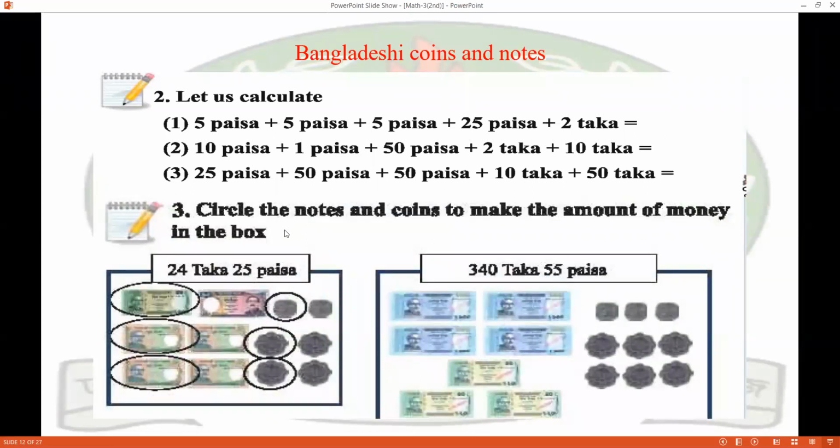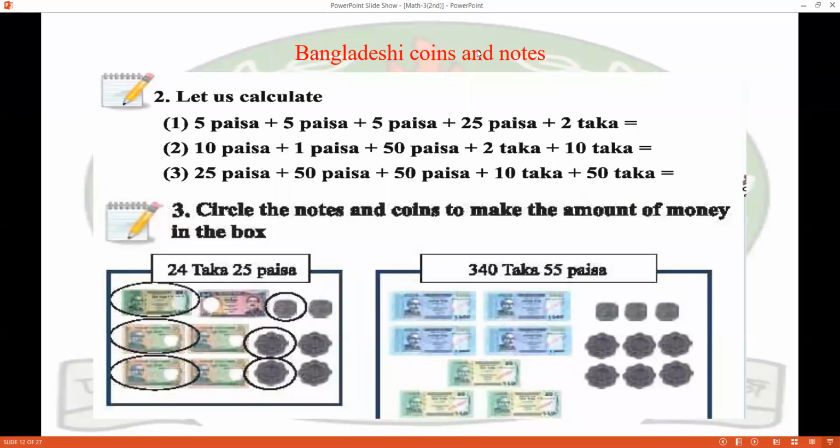In this circle, the notes and coins, to make the amount of money you have to write in the box. We know that there is 20 taka, 2 taka, 2 taka, and there is 5 paisa and 10 paisa, 10 paisa.